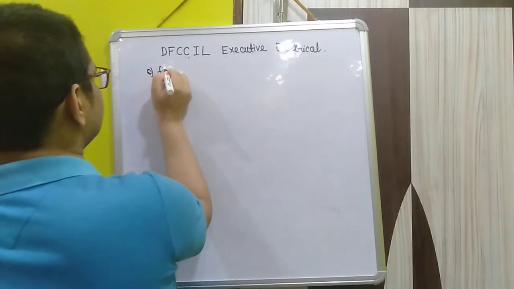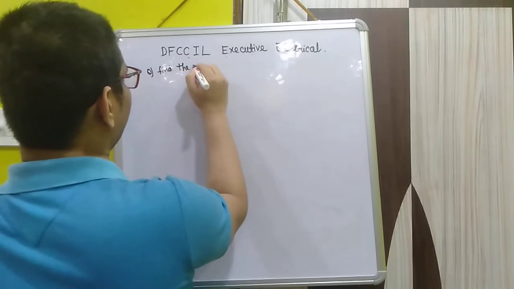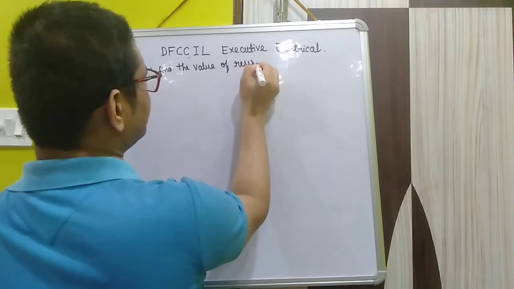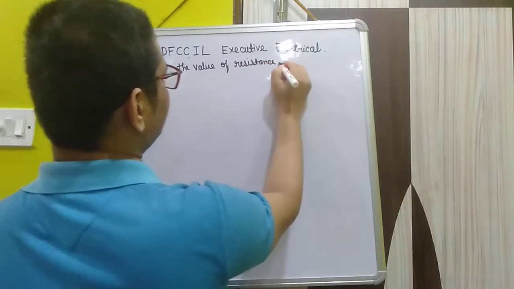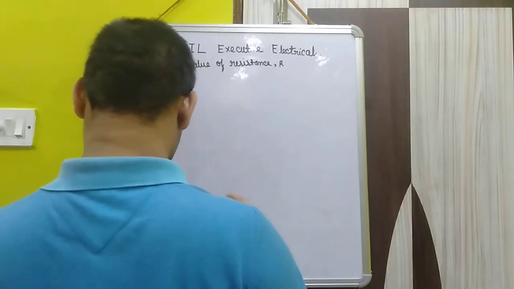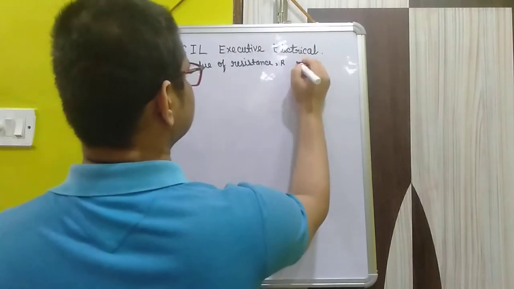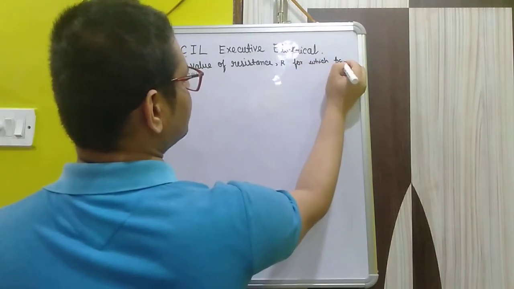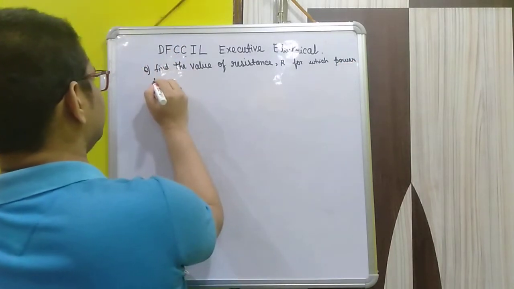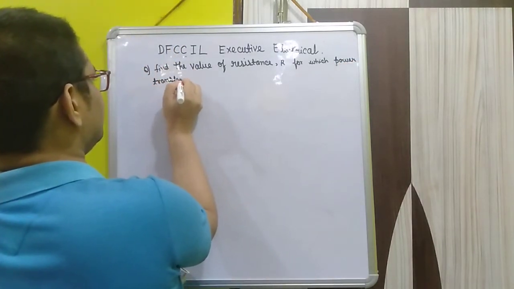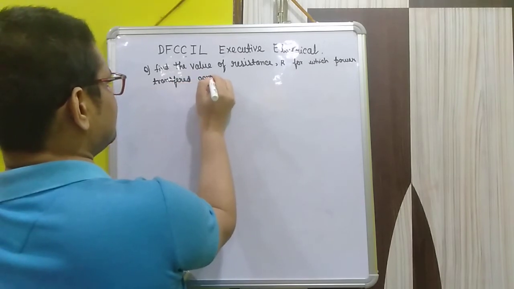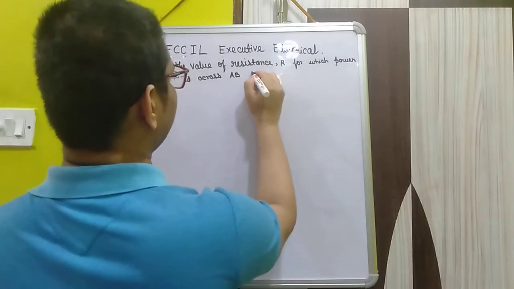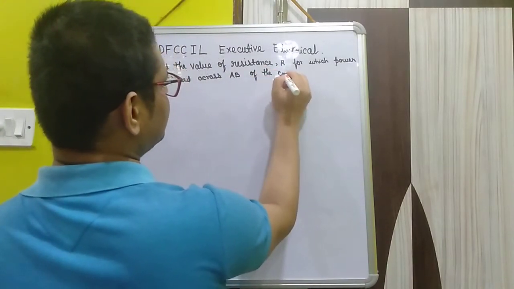Here it says, find the value of resistance R for which power transferred across AB of the circuit given below.